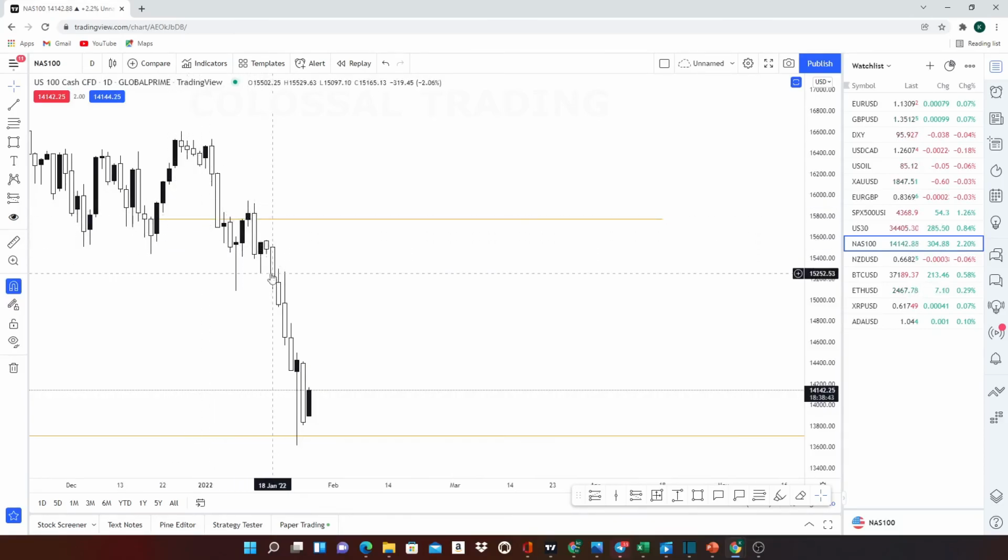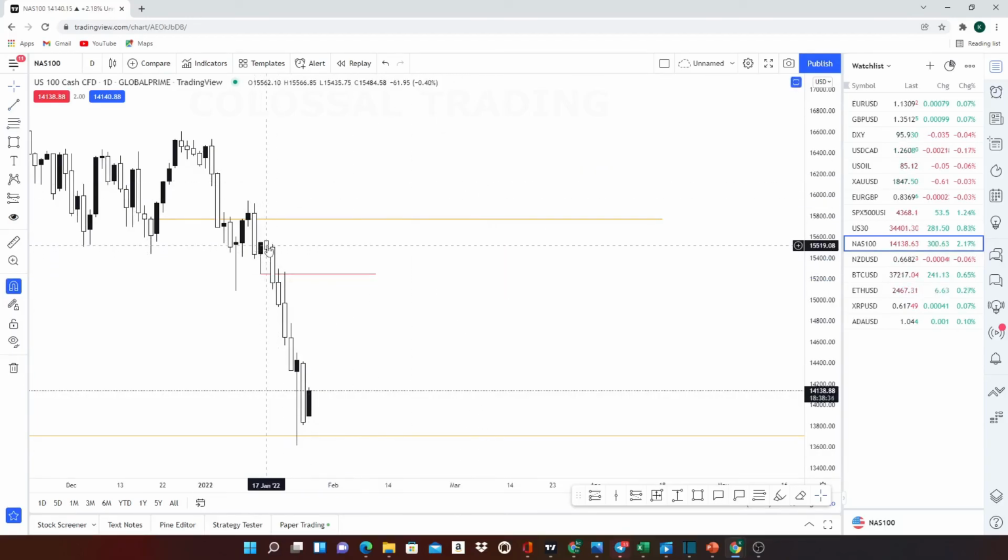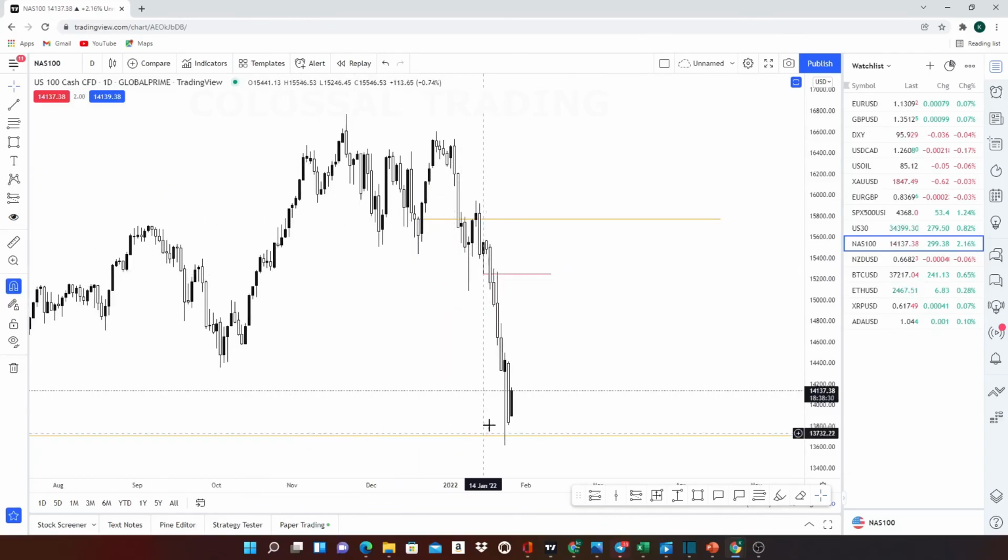Well, as it was leaving this area, we had an area where we could have taken a sell right here, right? Because guess what we have? A bearish order block. Price goes back into this level. Boom, working out target B, the next weekly order block.